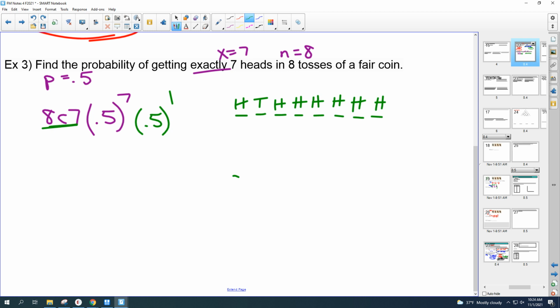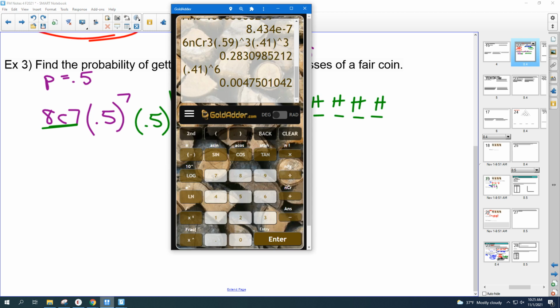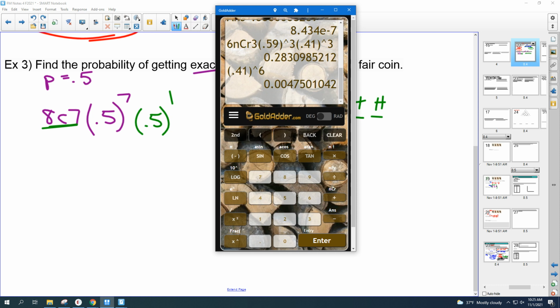So what this does is it shuffles them and says, well, I don't know which 7 of them are heads, so we're going to shuffle them. And that's what the combination part is doing. So shuffle those results, and then 7 of them are heads up, and 1 of them is tails up. 0.03125.